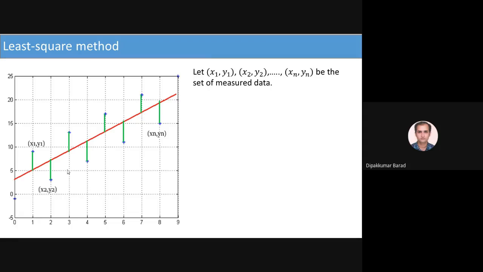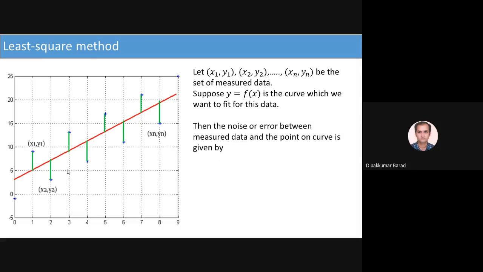What we do first is take these endpoints and consider some function, suppose y equals f of x, which we want to find. Then the noise or error between the measured data and the point on the curve, the distance between these two points, we take as e1 square, which equals y1 minus f of x1 whole square.